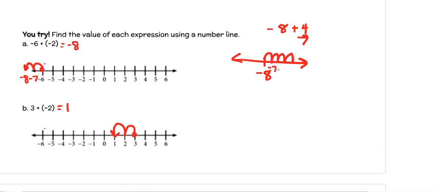So it'd be -7, -6, -5, -4, and leave enough space. You can always do number lines like that. Just make sure that the numbers you're writing underneath actually follow properly, right?